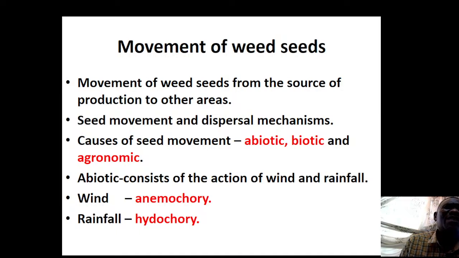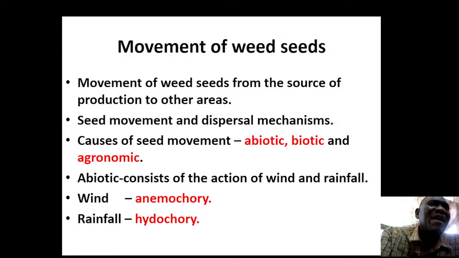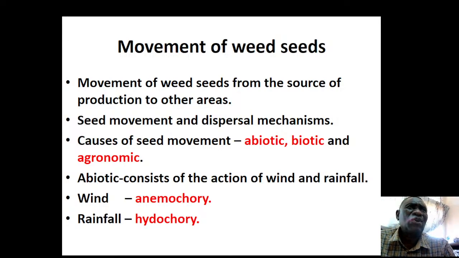Abiotic consists of the action of wind, wind and rainfall. The biotic involves the animals. So we will start with wind. The term which is actually used is anemochory, to refer to wind effects.